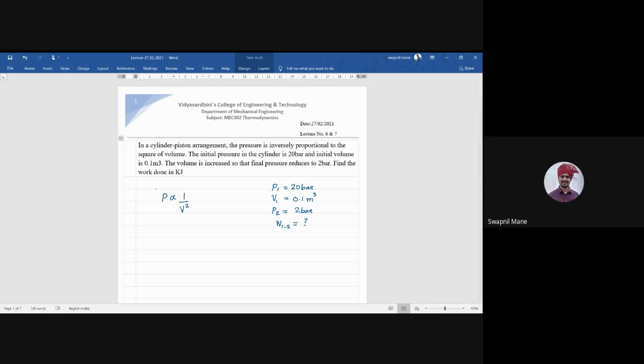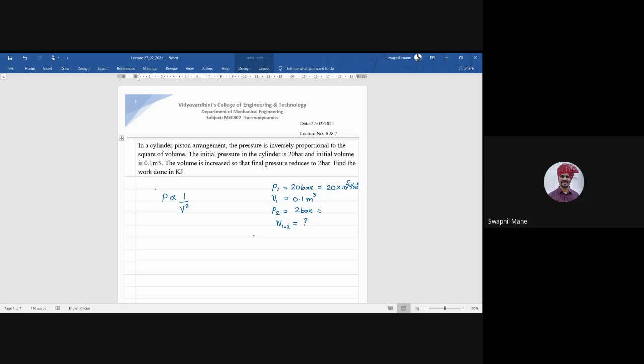Isn't it? Is that what the question is? Understood the question? Yes, sir. Right. So how to proceed for this question? You have the given data. If you want to convert 20 bar in terms of Newton per meter square, always remember 20 into 10 raised to 5 Newton per meter square.